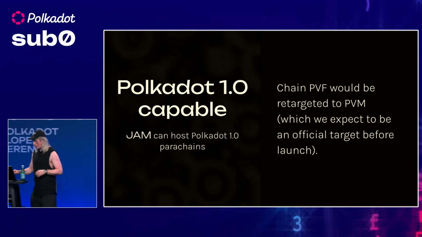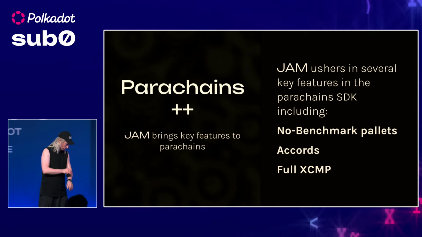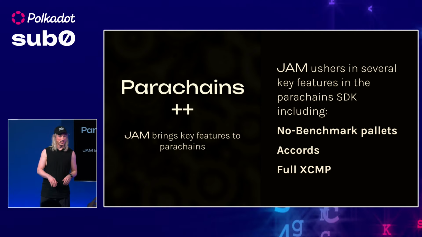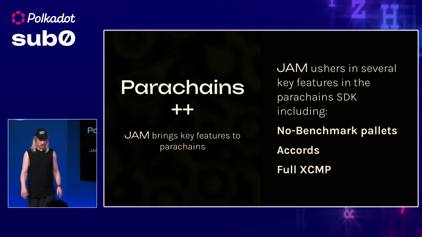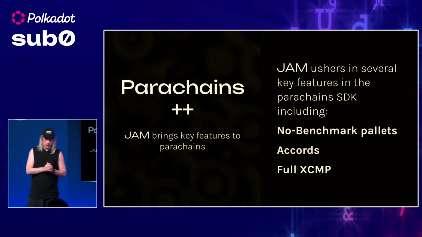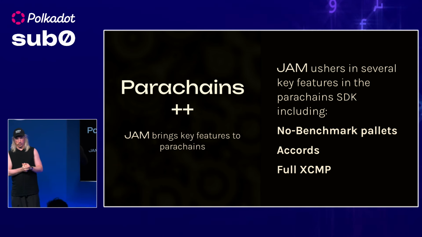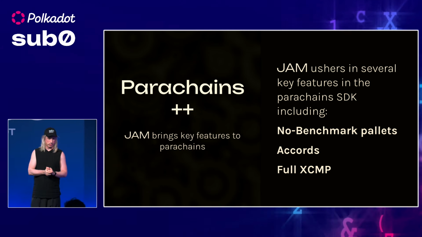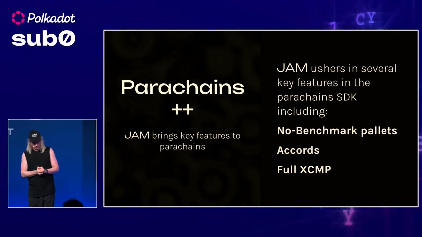Now, it doesn't just host parachains. It does other stuff that Polkadot can't do. Oh, the relay chain, I should say, can't do. It brings key features to parachains. In particular, it brings the possibility of removing most of your benchmark work and alleviating that in the future.